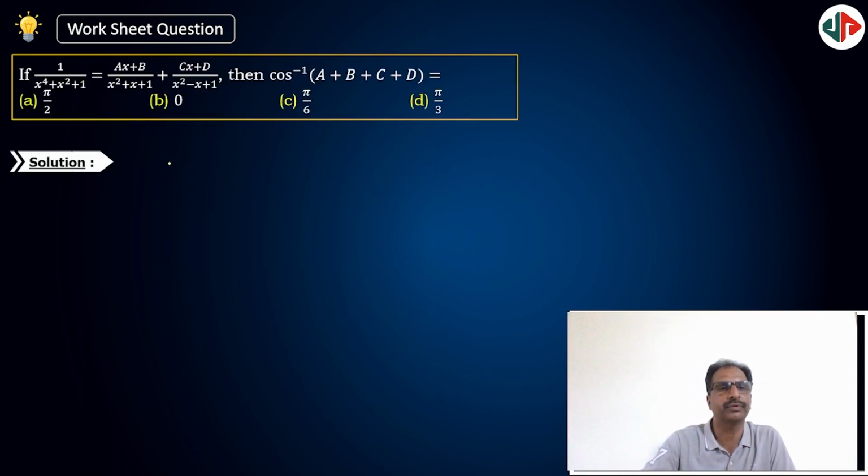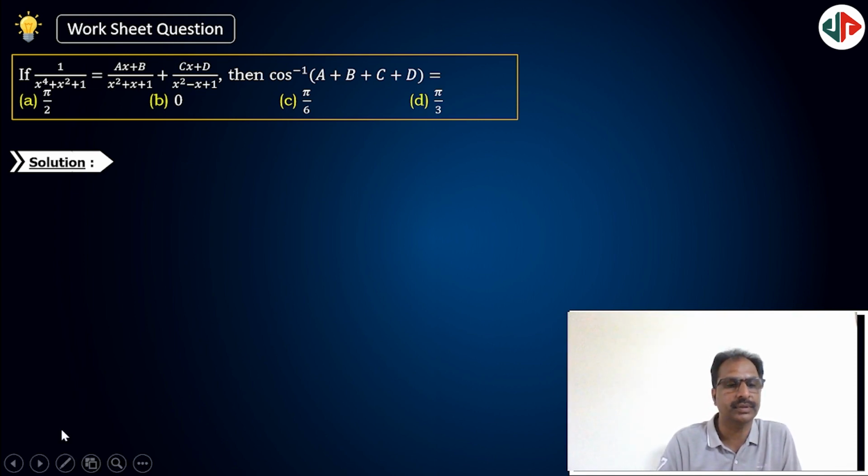1 by (x power 4 plus x square plus 1) is given as (ax plus b) by (x square plus x plus 1) plus (cx plus d) by (x square minus x plus 1). Then what is cos inverse of a plus b plus c plus d?